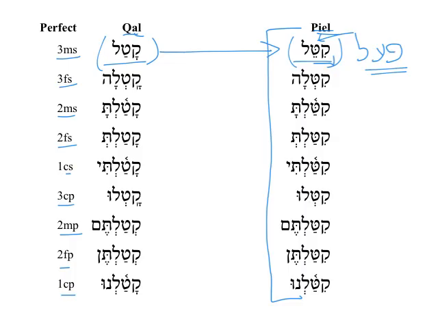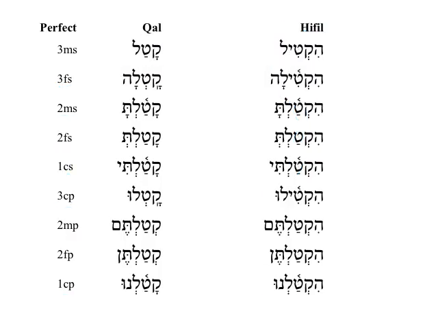Again, I would encourage you, don't worry about these endings, you already know those, but pay attention to what else distinguishes the PL and sets it apart from the kal. And that would again especially be the dagesh doubling the ayin letter all through the PL paradigm.